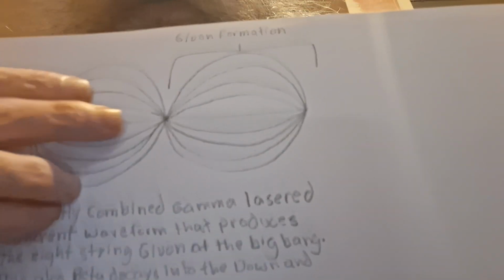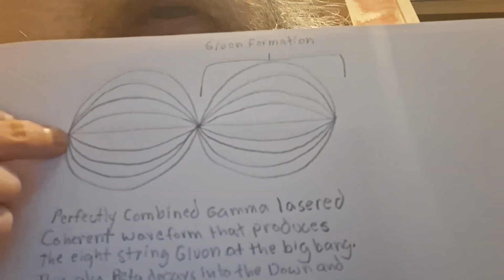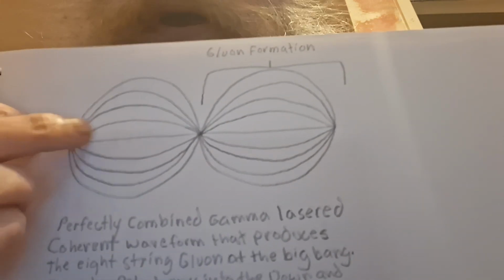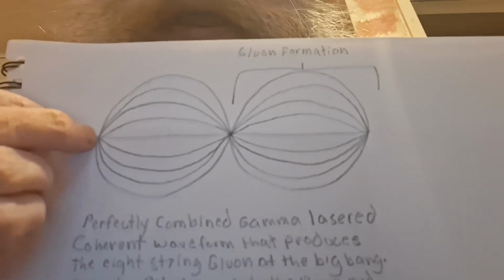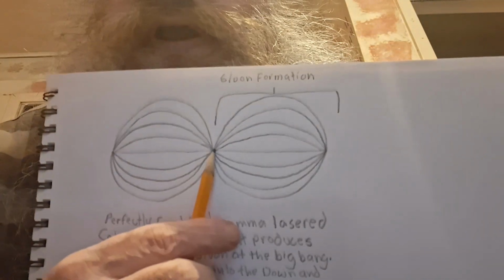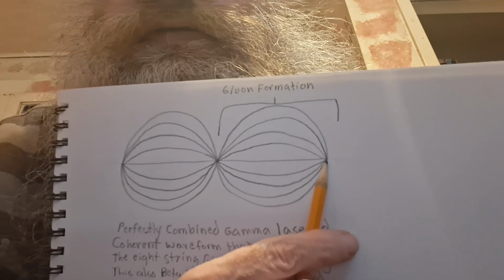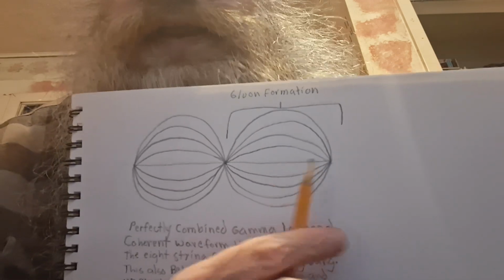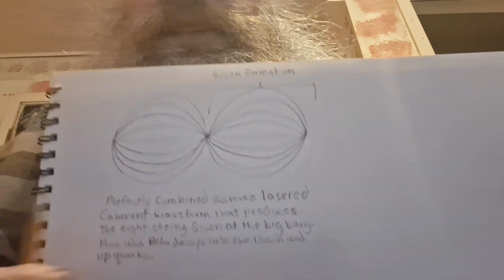The bosons get close enough to stack and bond at the very ends right here. And when they bond at the very end right here, it produces a gluon. And a gluon looks like this.